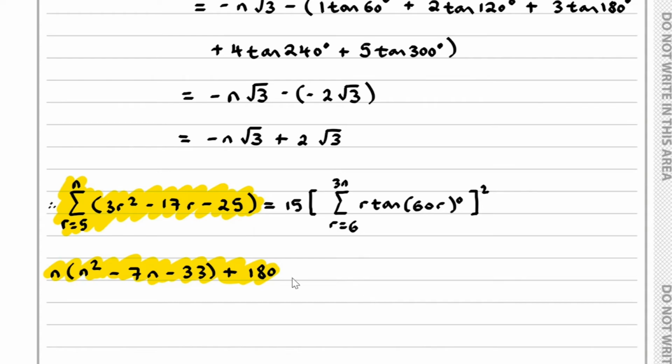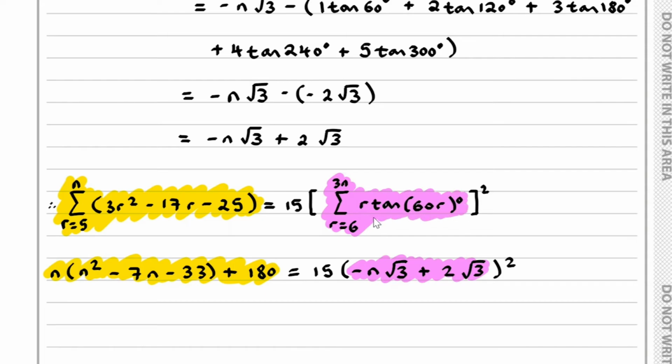And then we set this equal to 15 multiplied by minus n root 3 plus 2 root 3 all squared, and this result here is what we've just found over here.